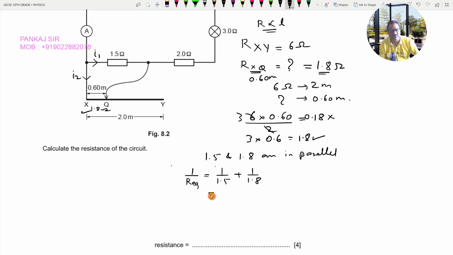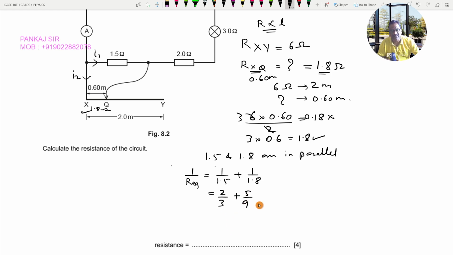Now this should work out to, and now I'm going to use the calculator. 1 divided by 1.5 should work out to, I'm getting a fraction here, so not an issue, 2 by 3, and 1 divided by 1.8 I'm getting as a fraction, which is 5 by 9.